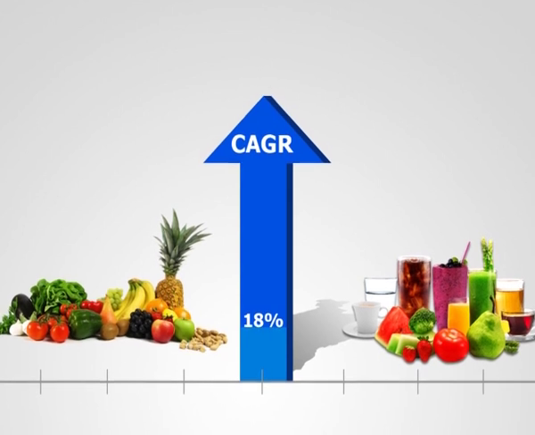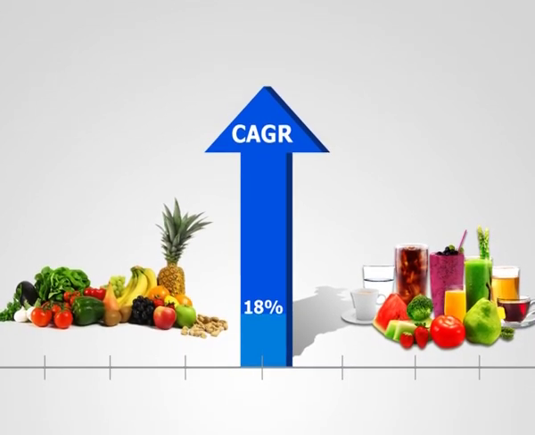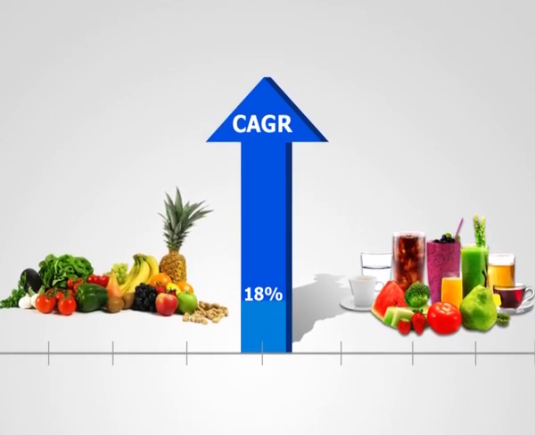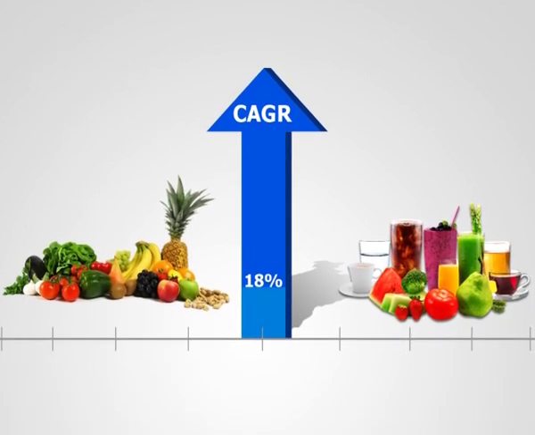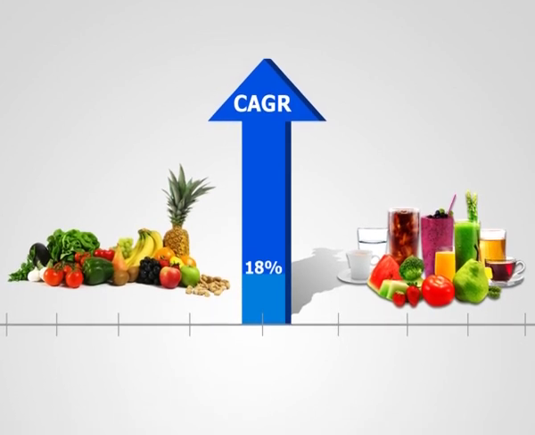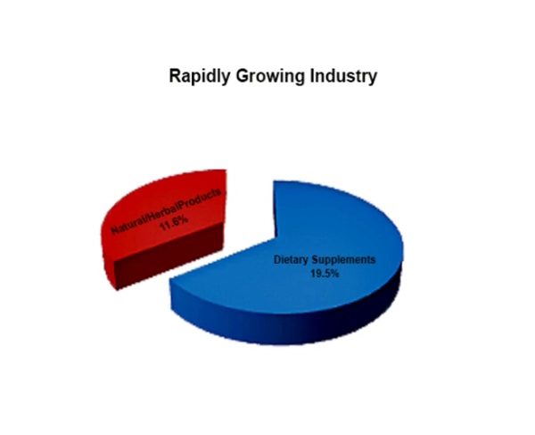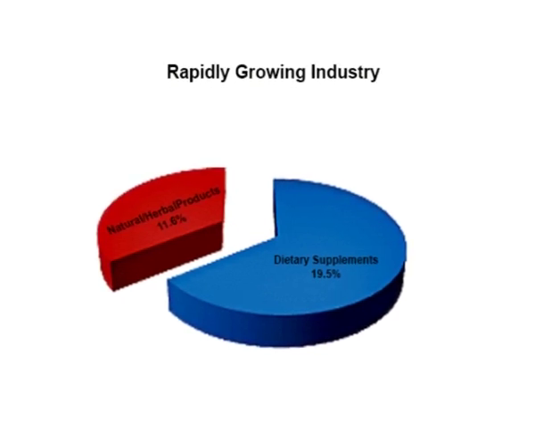As a concept, nutraceuticals is still in its stage of infancy in India, but it has been growing much faster than global rates at a CAGR of 18% for the last 3 years, driven by functional food and beverages categories. The most rapidly growing segment of the industry was dietary supplements.